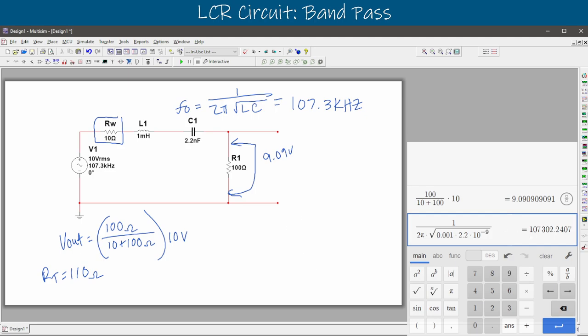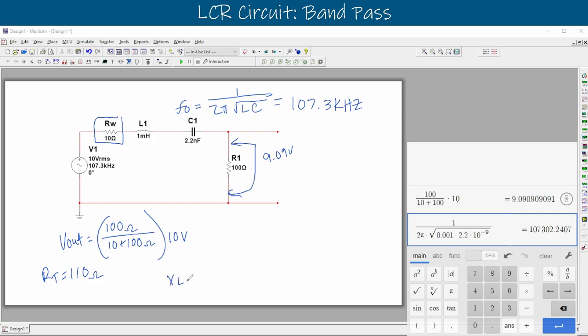From here, we can use that frequency to determine our XL, and we know that XL is the inductor's resistance, and so we can plug that into our XL equation. XL is equal to 2 pi FL. So 2 pi is that rotation of the circle. Our frequency, specifically FO for this one, our original cutoff frequency there, and then our inductor value. We can plug that in to our Desmos.